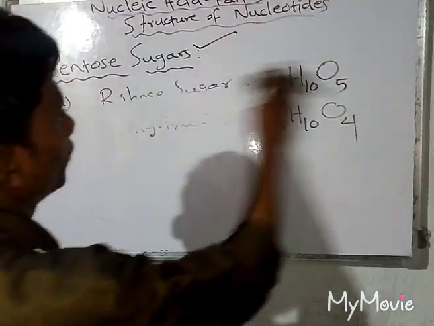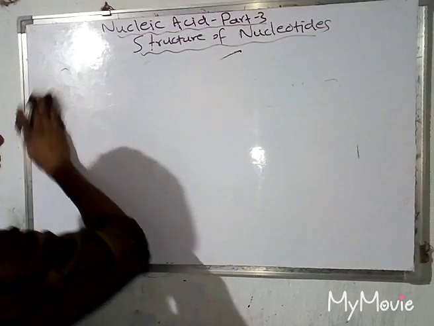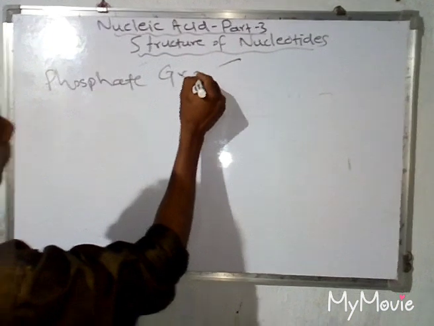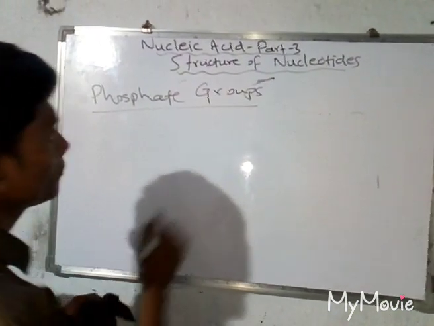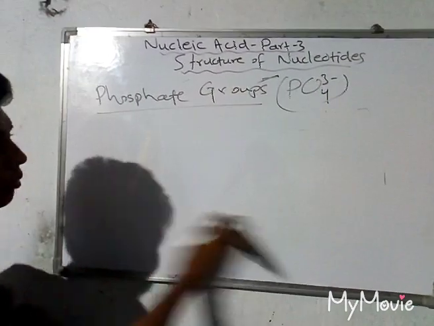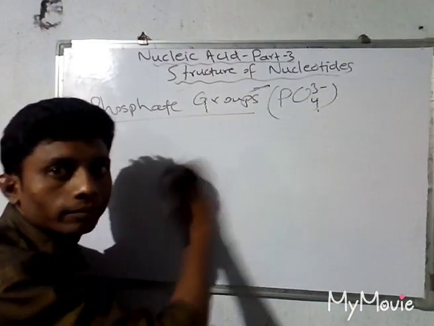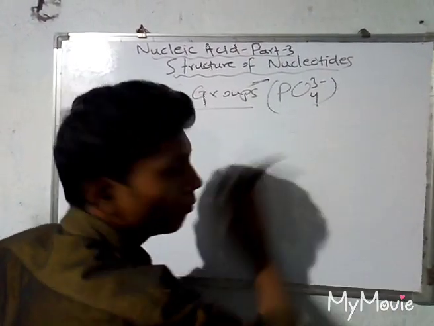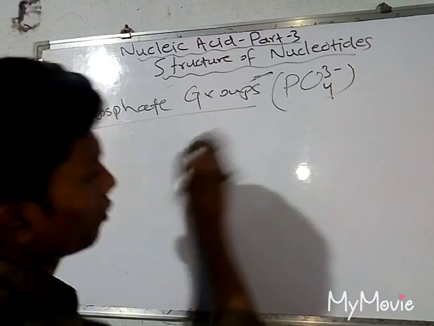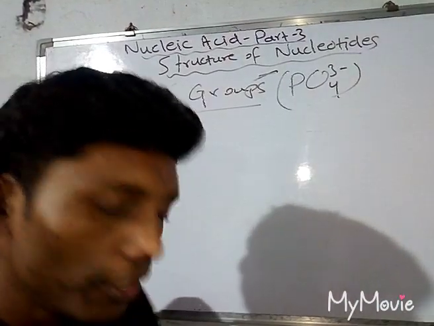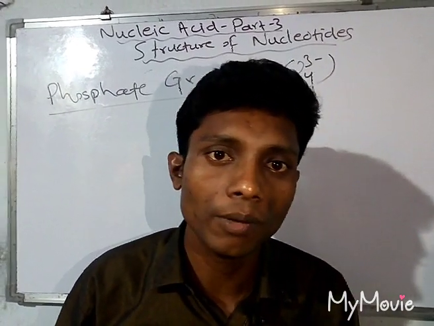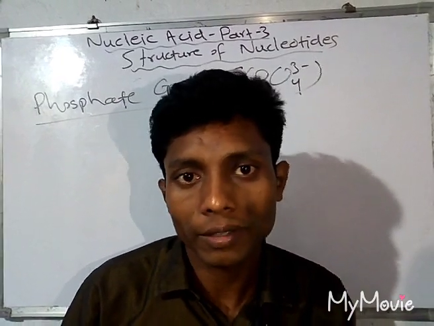Next is the phosphate group. Actually what happens in nucleic acids, the acidic nature is due to the presence of phosphate group, that is the phosphoric acid.